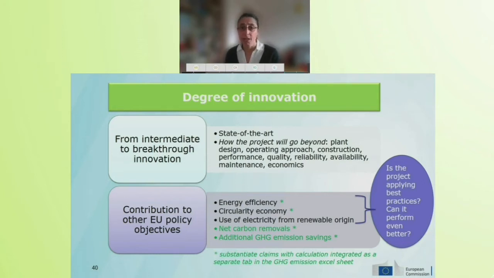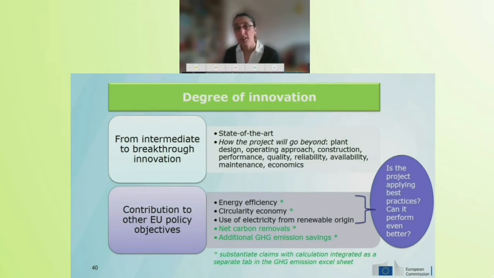So these two last elements, net carbon removals and additional greenhouse gas emission savings, have to be substantiated with claims, with calculations integrated in separate tabs in the greenhouse gas emission Excel sheet.